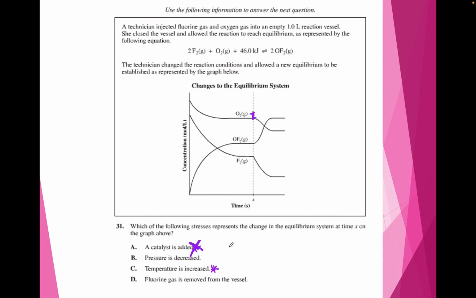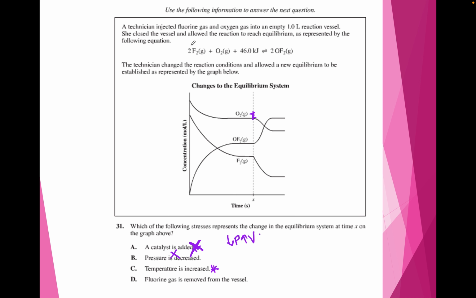If pressure is decreased, you're increasing your volume, so you're moving to the side with more moles, and that would be the reactant side. So instead of seeing F2 and O2 increasing, like we should, we're seeing them decrease on this graph. So it can't be B.